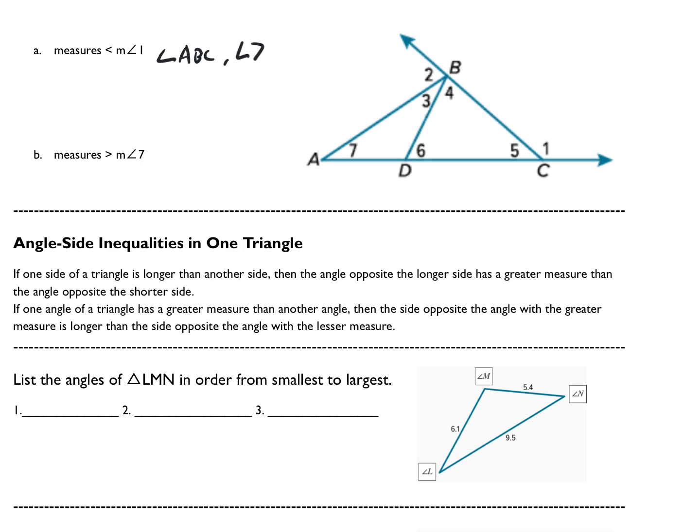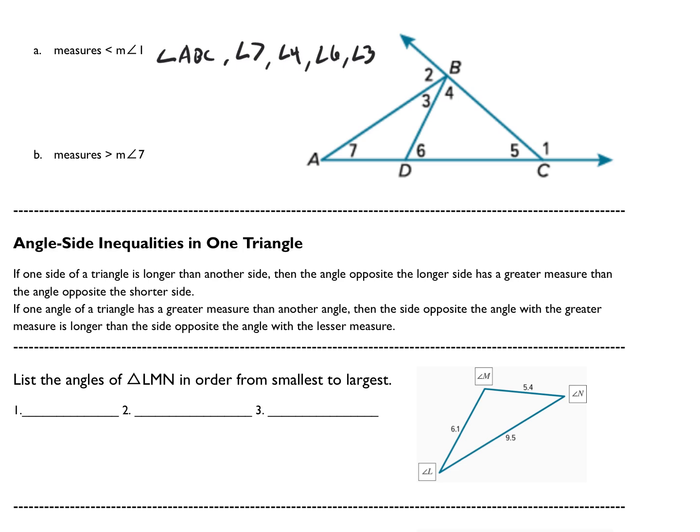Since angle 1 is also an exterior angle of triangle BCD, we could say that angle 1 is going to be greater than the measure of angle 4, and it is going to be greater than the measure of angle 6. And then there's one more angle, and that is angle 3. Because angle 3 plus angle 4 equals the measure of angle ABC, that means that angle 3 is also going to be less than angle 1.